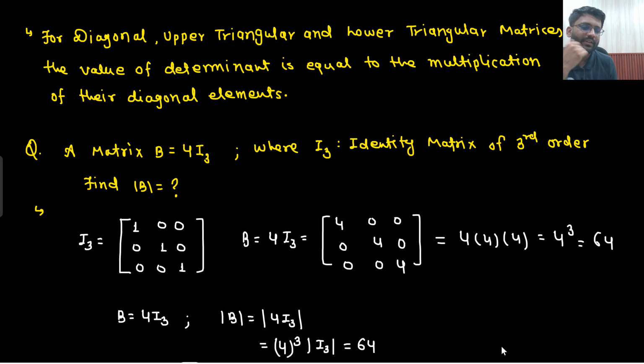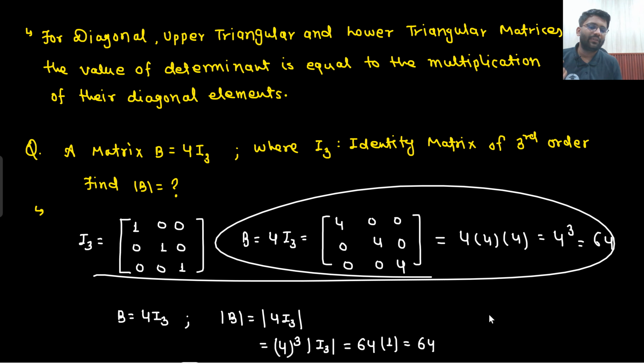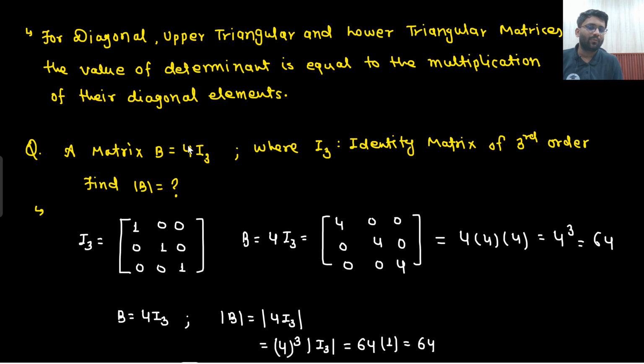And what is the determinant of I3? Determinant of any identity matrix, what is that? 1 only. So what is the answer? 64. So all these calculations we don't need to do. Simply determinant of B will be equal to determinant of 4 into I3. Now if 4 comes out, it will come out as 4 to the power 3. 4 to the power 3 is 64. Then determinant of I3 will be 1. So answer is 64 only. That's it. There you go.